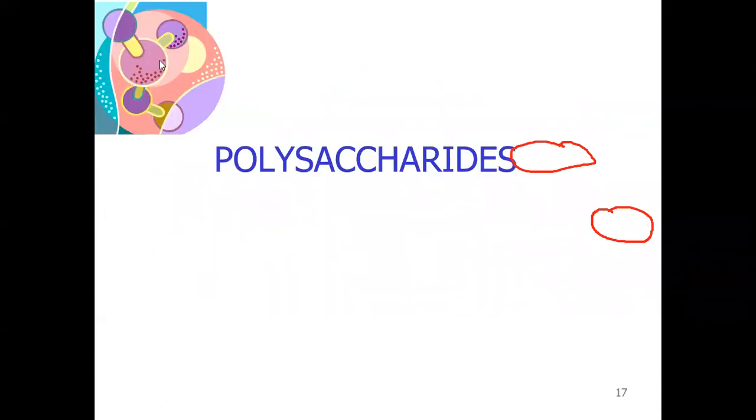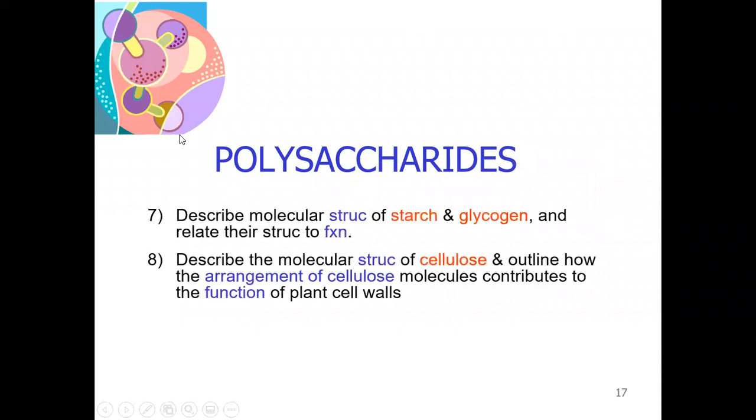Now let us look at polysaccharides. So the learning outcome is number 7, describe the molecular structure of starch and glycogen and relate their structure to their function. Number 8, describe the molecular structure of cellulose and outline how the arrangement of cellulose molecules contributes to the function of a plant cell wall.